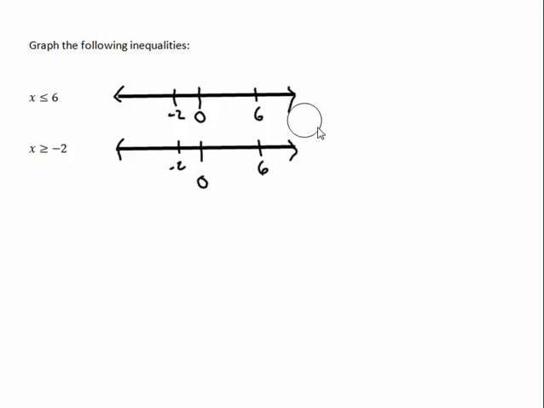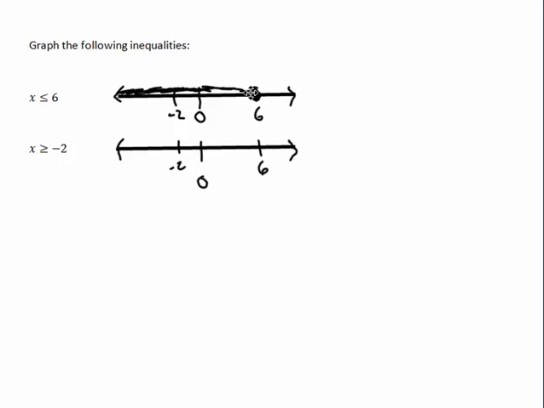All right, so the first one, x is less than or equal to 6. Now that's going to be a closed circle at 6. So we have a closed circle at 6. And we shade to the left because it's less than. So all the numbers that are less thans.